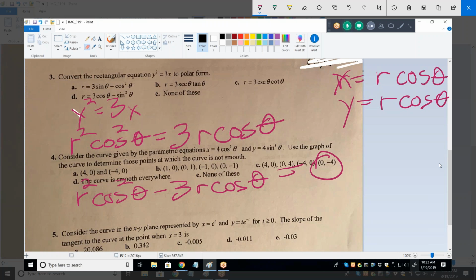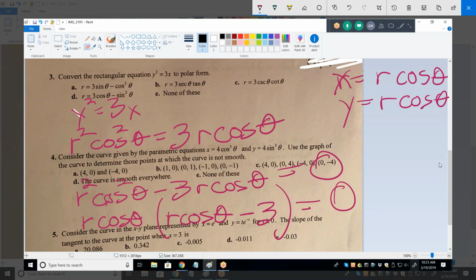Factor out an r. So r times, well, you can factor out an r and a cosine theta. Right. And that leaves behind r cosine theta minus 3 equals 0.